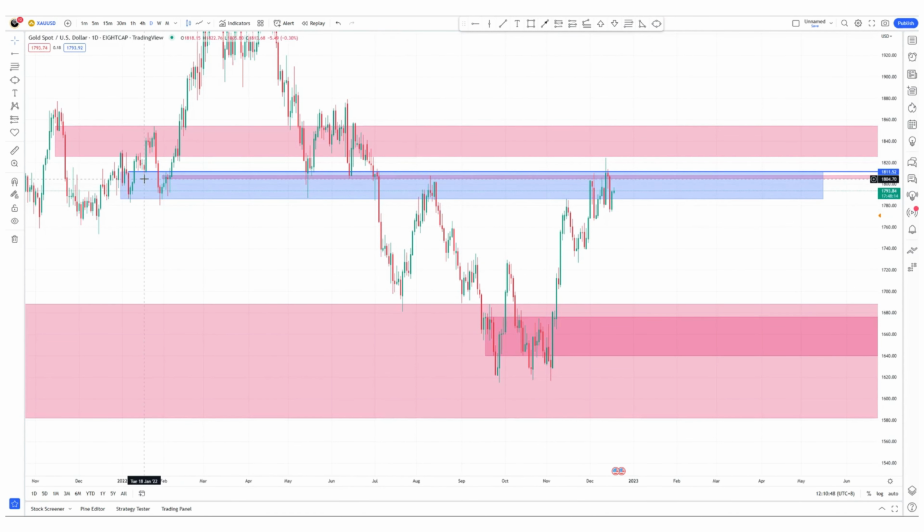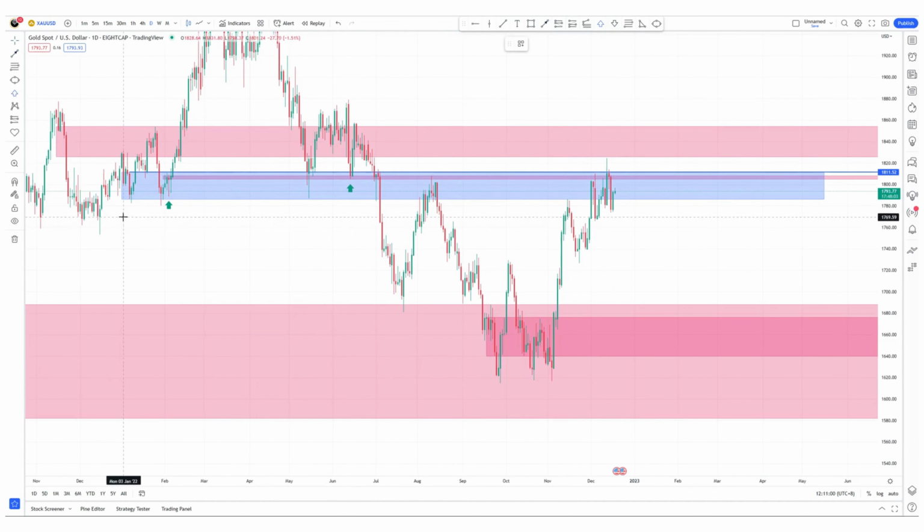Some of you might have asked me, you can also choose this engulfing fail over here, or this one over here. Obviously we can choose, but which is the best and highest potential zone?